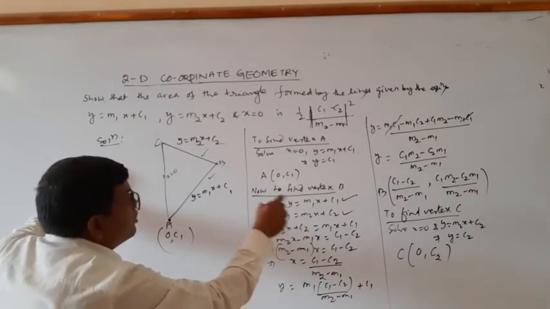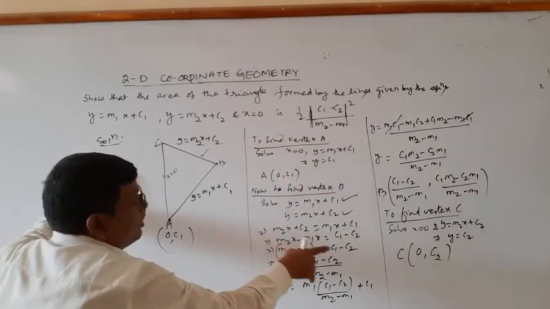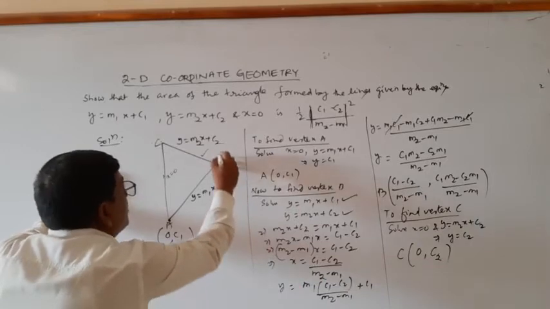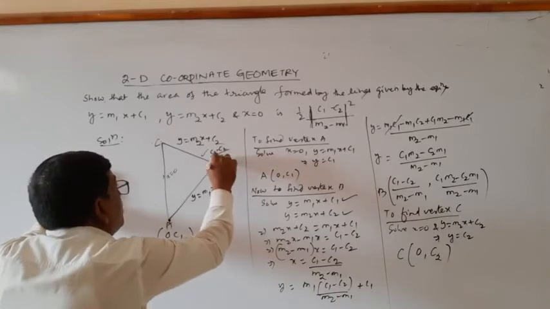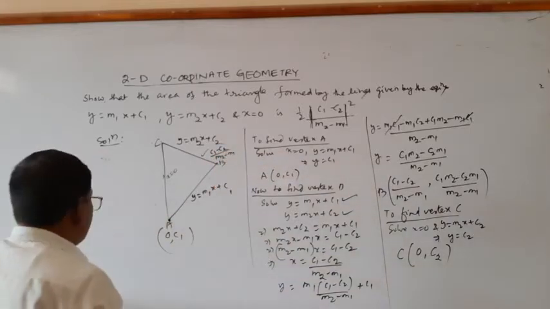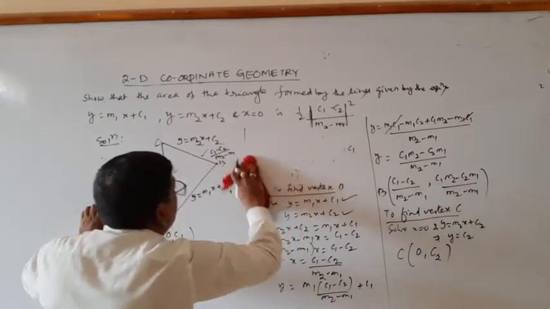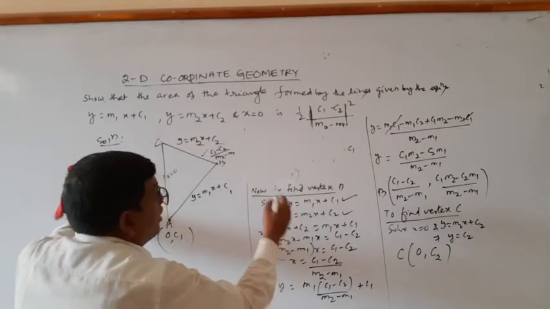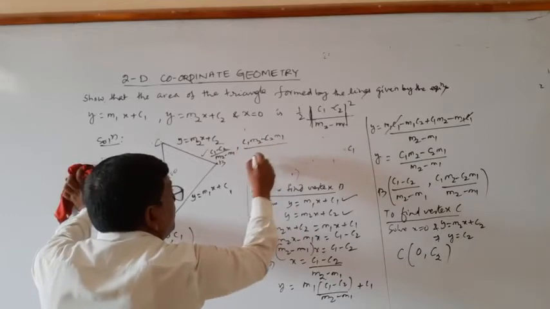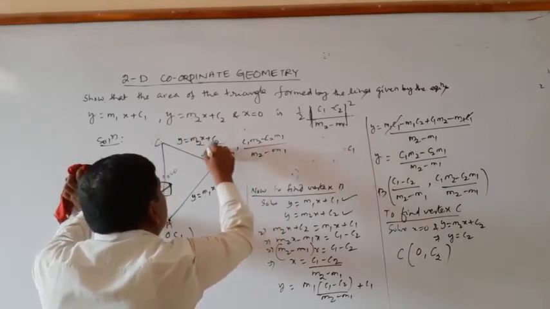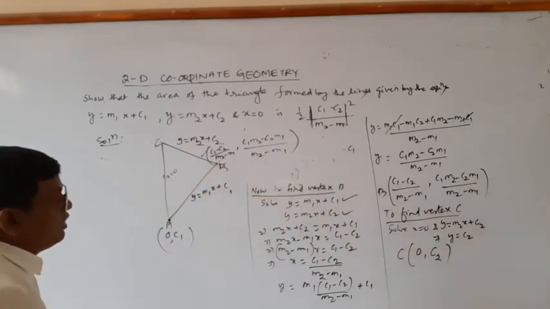Vertex B is (c1 minus c2) divided by (m2 minus m1), comma, another point is (c1 m2 minus c2 m1) divided by (m2 minus m1). This is vertex B. Now what is vertex C?